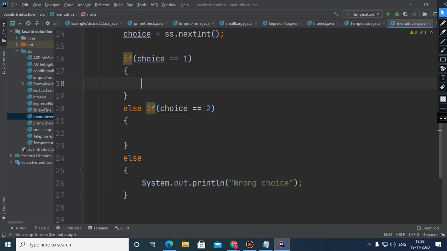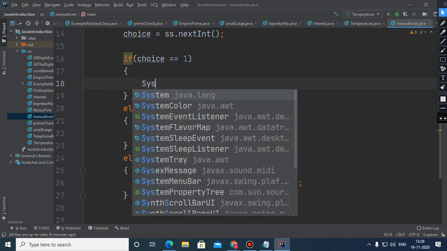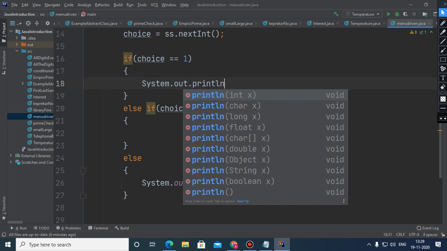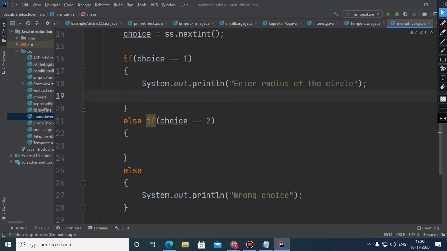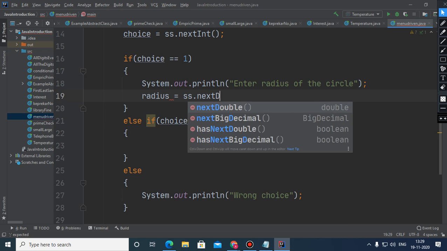Now choice is 1. So in the very first choice, what you need to do is enter the radius of the circle. So that is radius, and it is ss.nextDouble.